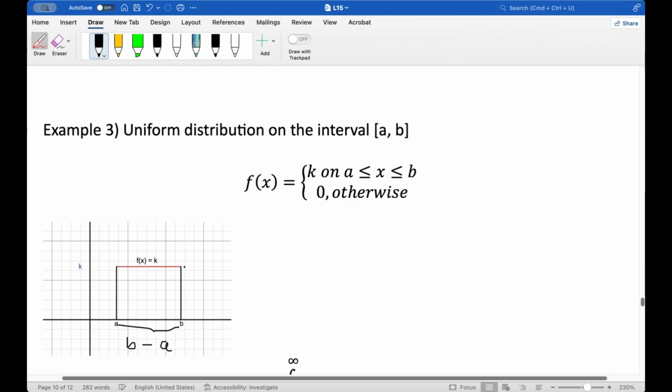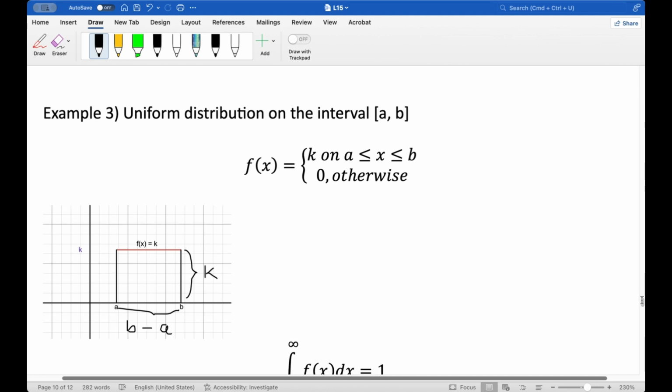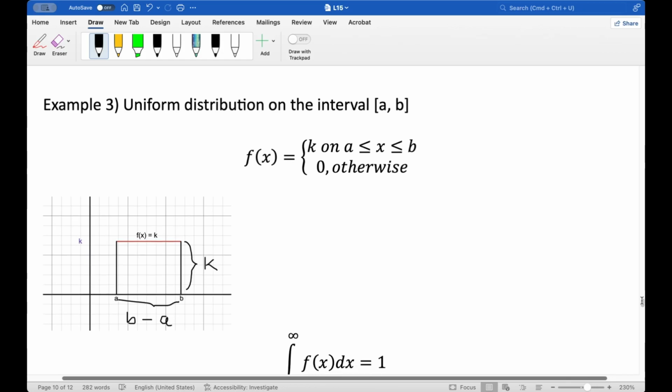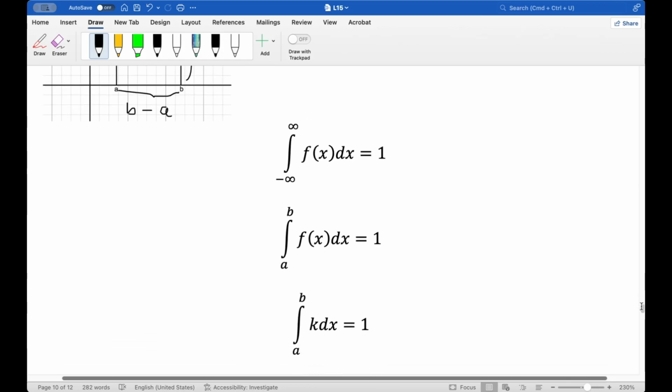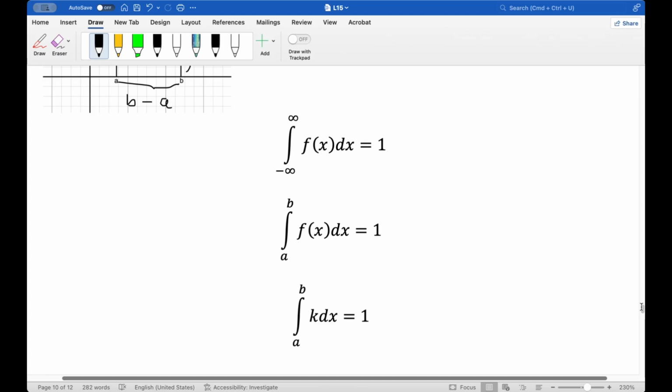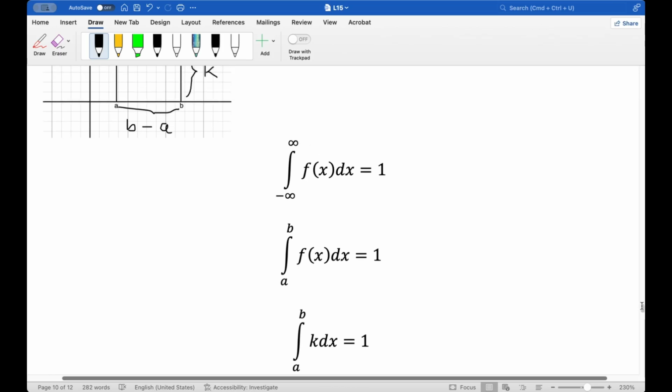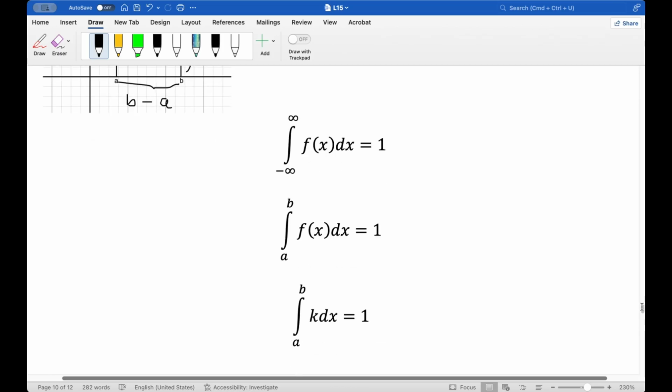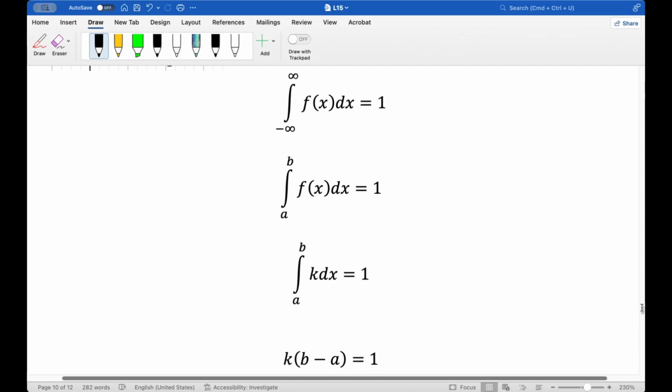And the height is the constant k. We need that product to be 1. So they have to be reciprocal. So k is going to be 1 over b minus a. Integral of a constant k is just kx dx, just kx.